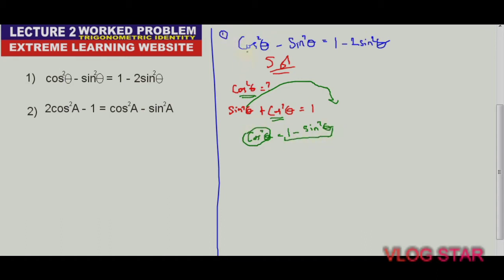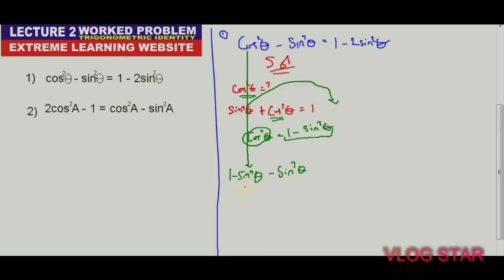So let's replace cos square theta down here with 1 minus sine square theta. Then the next thing is minus sine square theta, and that's all. From here we notice that we have 2 sine square theta, negative.